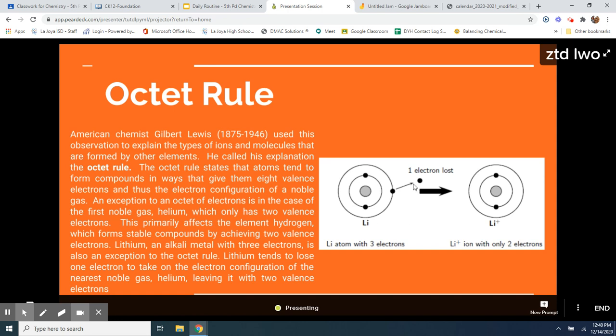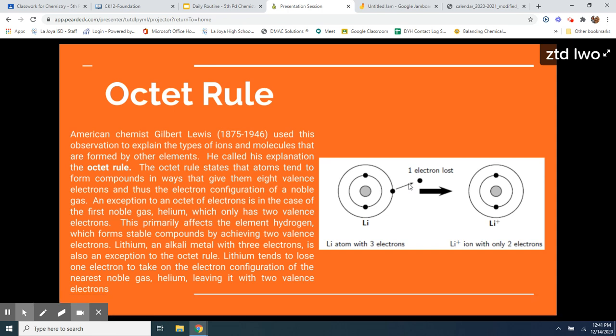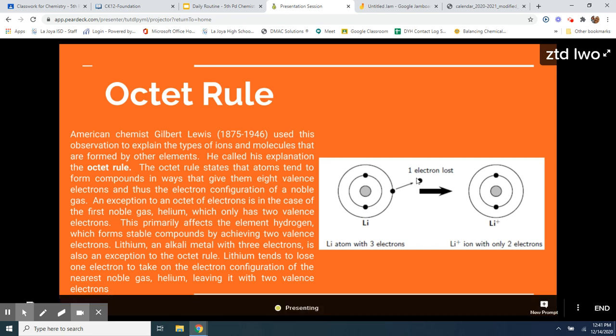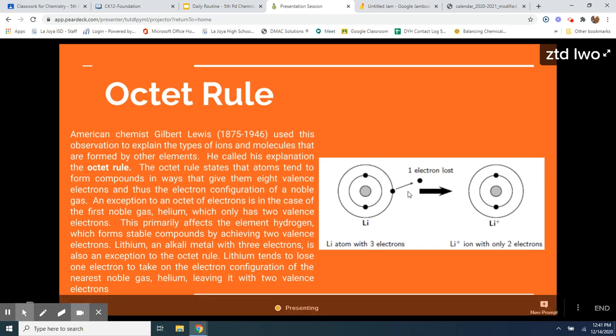Well, alkali metals specifically, it's a group 1 metal, so that 1 electron will usually get lost. Okay, so it says here, 1 electron is lost. If that 1 electron is lost, that second orbital disappears. It's no longer there because there's nothing occupying it.